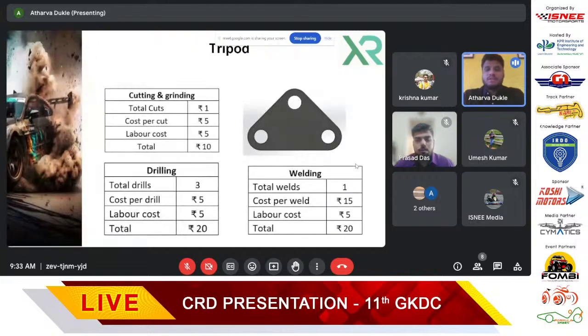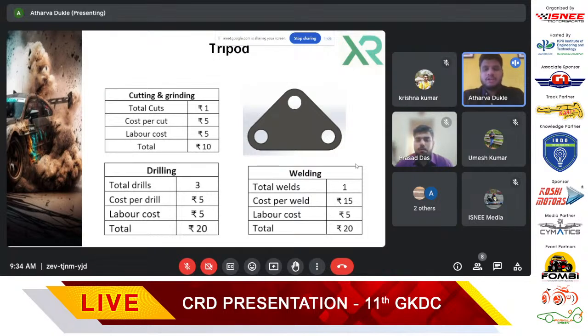Now moving forward, we have also included some of the parts that we made in-house and what processes we used for making them. First is the tripod that is there within the center, or as I can say, it is in mate with the steering column, and it is a crucial part in the steering assembly.